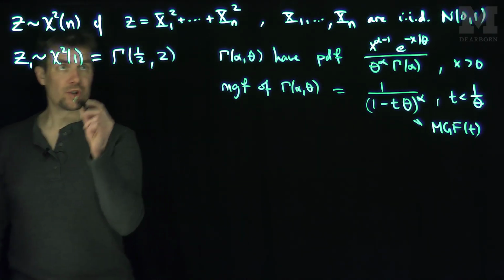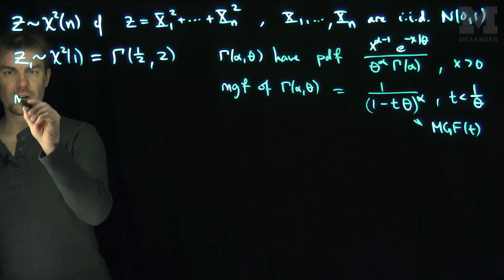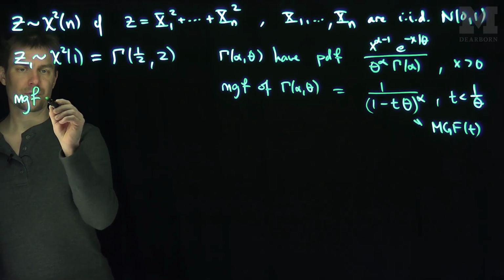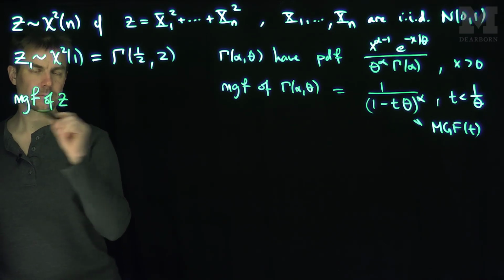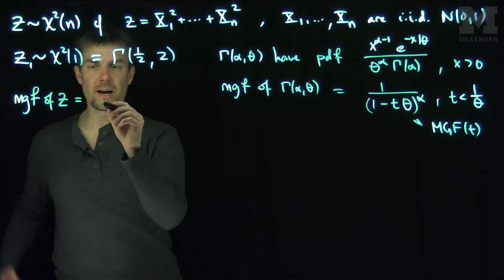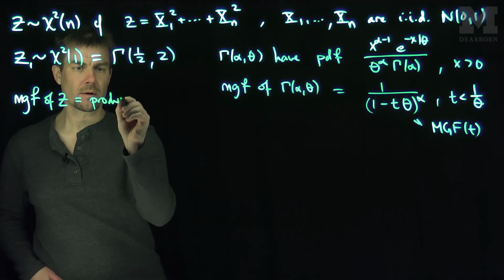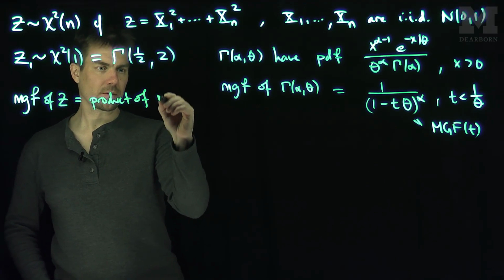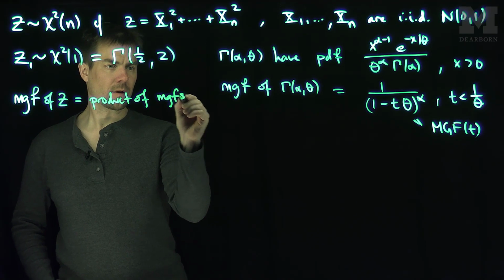So I can say that the MGF, moment generating function, of Z is going to be the product of the MGFs of each term.